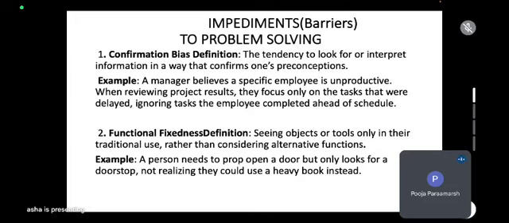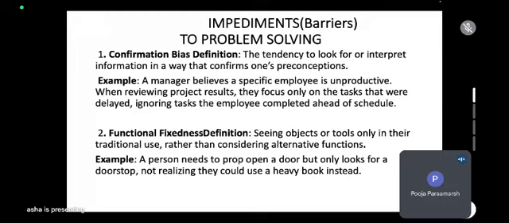So the first thing is confirmation bias. Confirmation bias means the tendency to look for or interpret information in a way that confirms one's preconception.